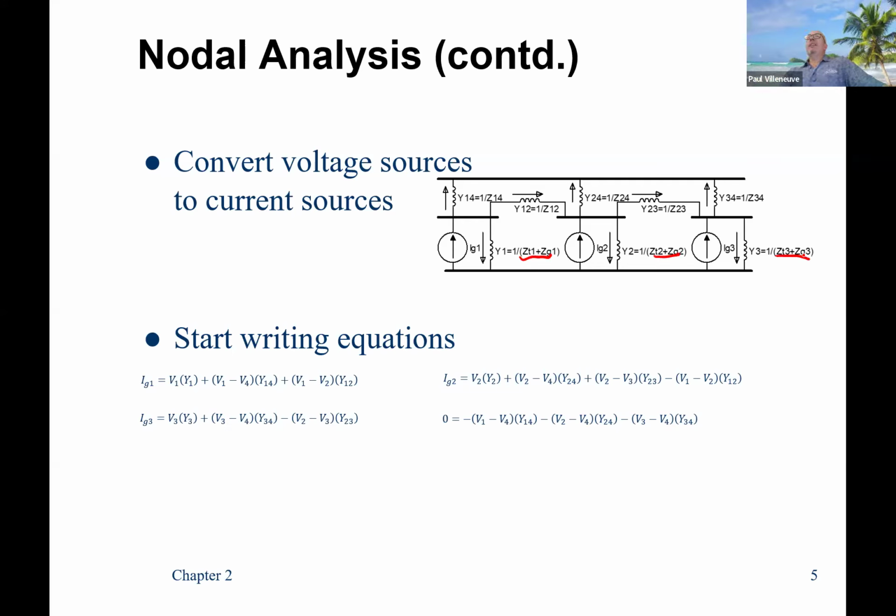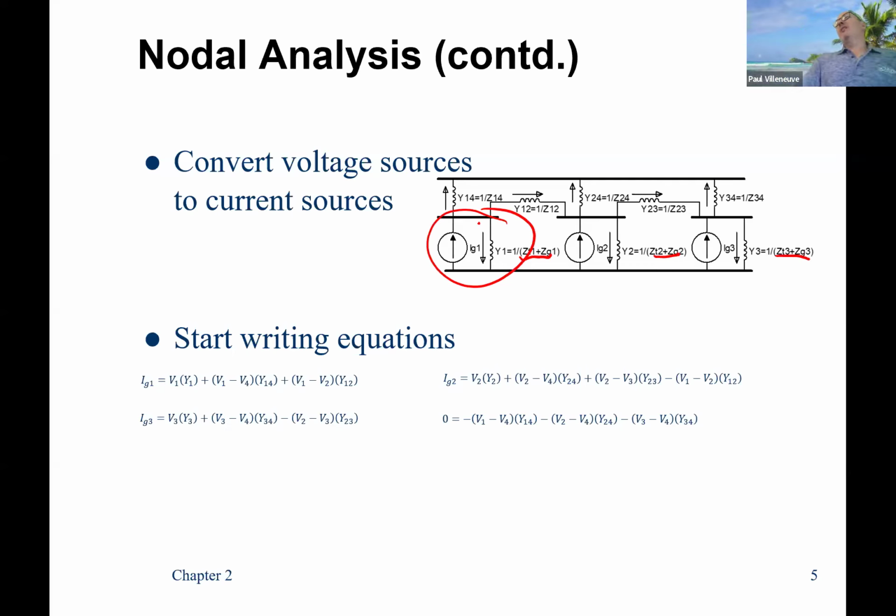Once I combine them, now I'm doing things with admittances, which means all those impedances in my system, I have to invert. So now I've got Y14, Y24, Y34. All those are just found from inverting the individual impedances between bus 1-4, bus 2-4, bus 3-4, on and on. And because I'm doing Kirchhoff's current law at the bus, I have to do a Norton equivalent at each of those buses, right?